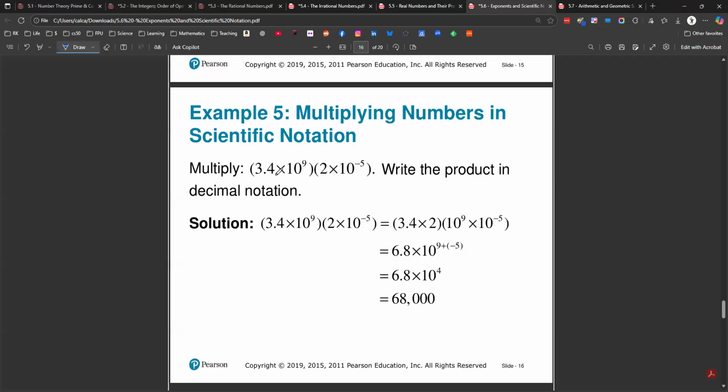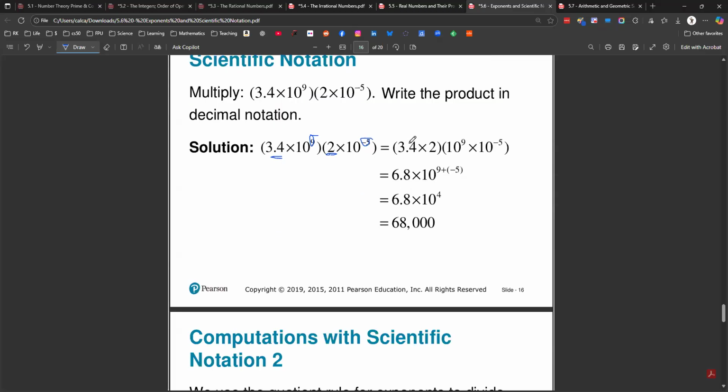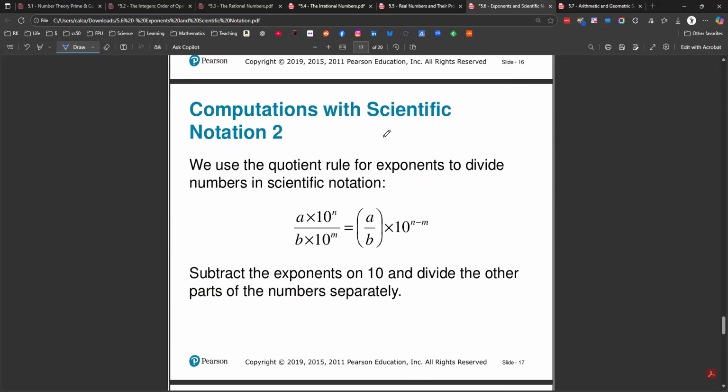Okay, so for example, if we have 3.4 times 10 to the 9th times 2 times 10 to the -5, then you multiply 3.4 times 2, and then you add 9 and -5. So that should give you 4, and 3.4 times 2 is 6.8. And so you get 6.8 times 10 to the fourth, which is 68,000.